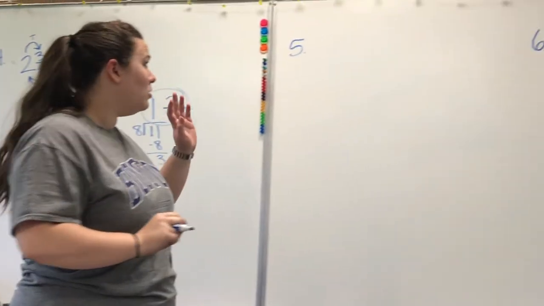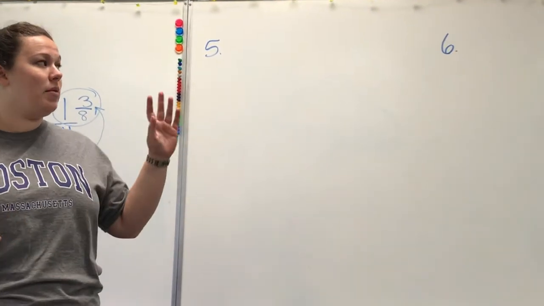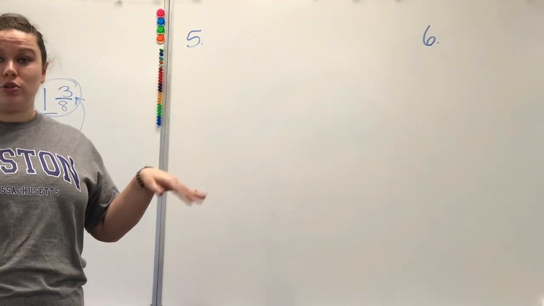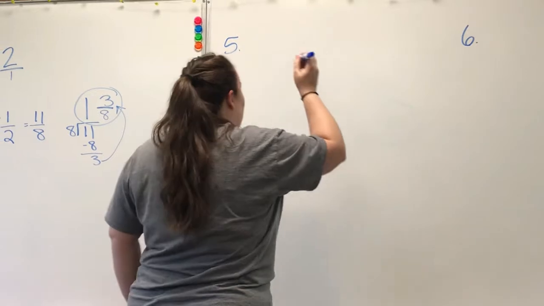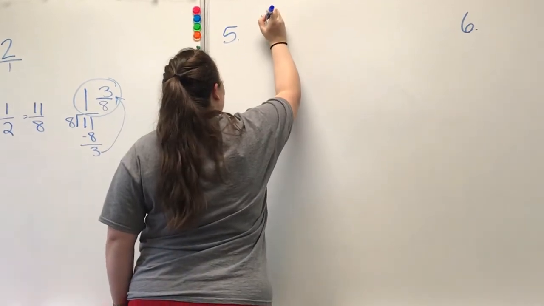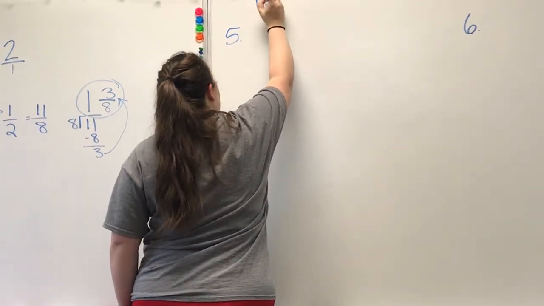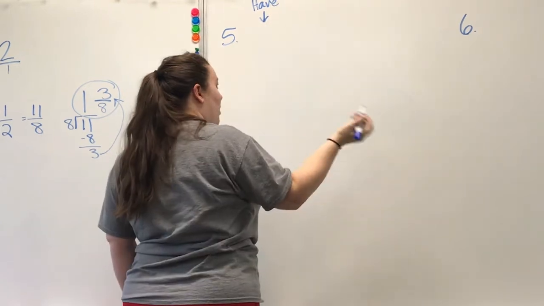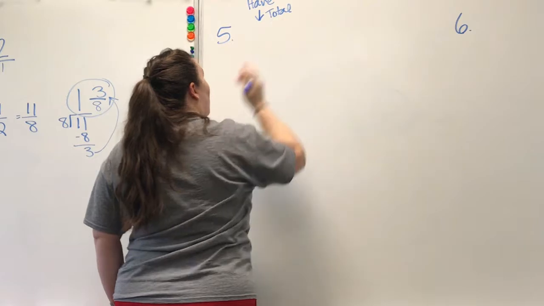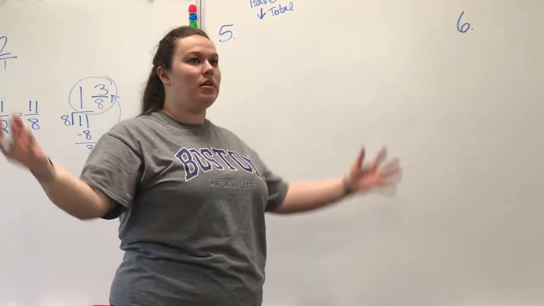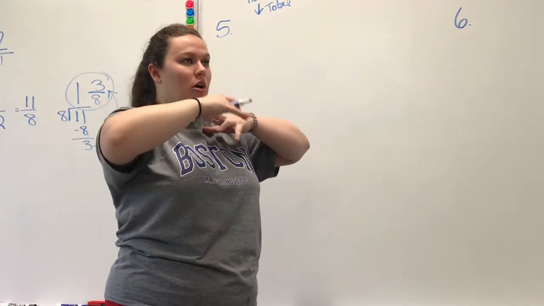Okay? So on number 5 and number 6, there's story problems. And how I like to think about it is the first number is what you have. What do you have already, or what is the total? And it's everything that you have together.